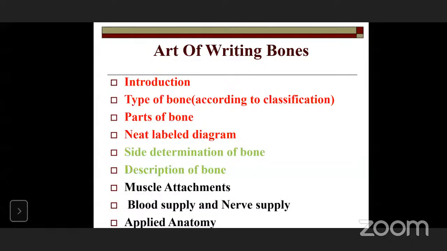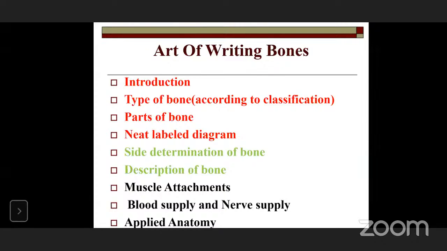For example, if you know BP, blood pressure, is 120 by 80, only then will you know that more than that is hypertension, and less than that is hypotension. If you don't know this limit, how will you treat the patient, and how will you understand the abnormality? Because of that, you should put more stress on applied anatomy.